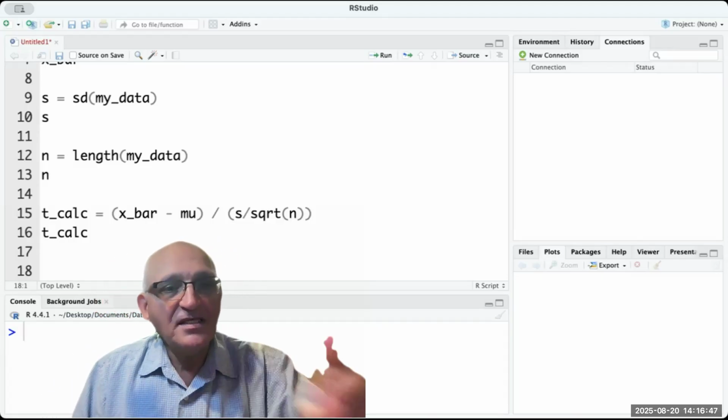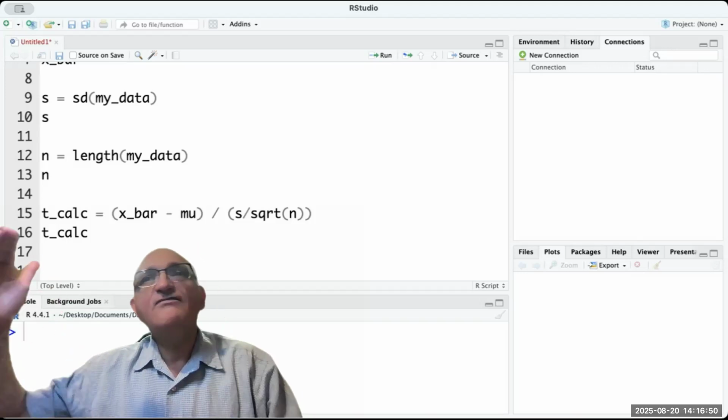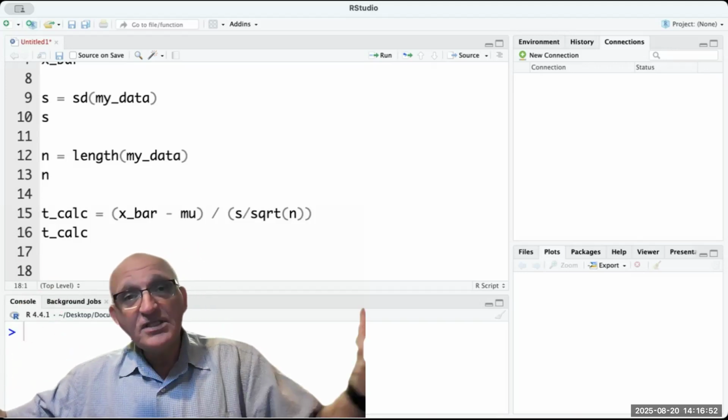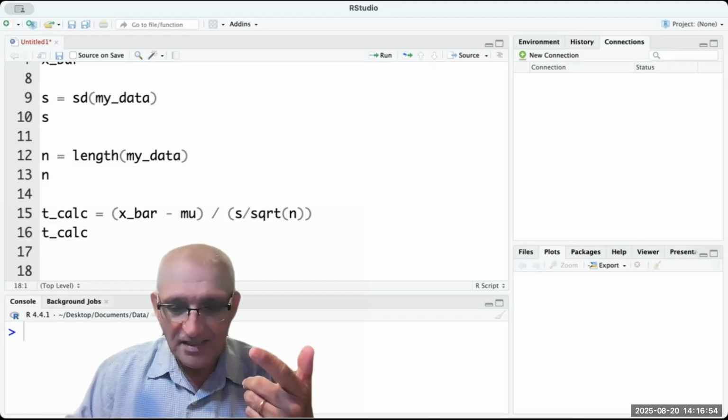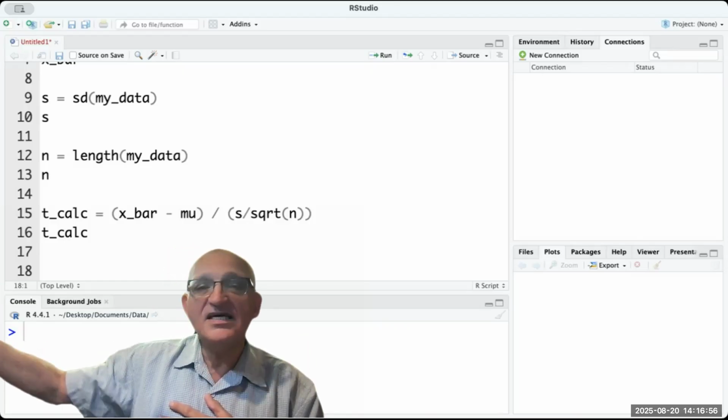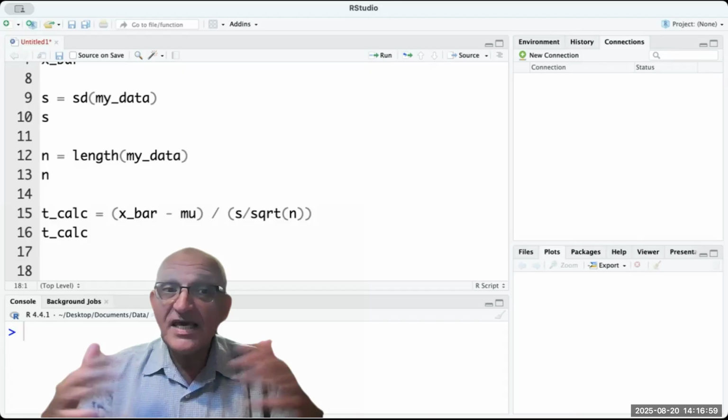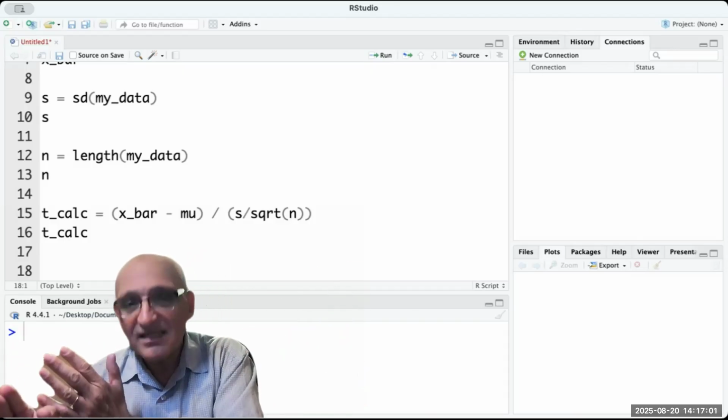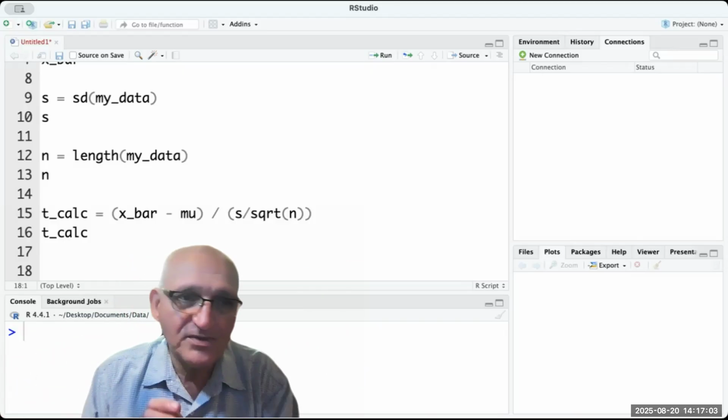So I'm going to say, I want to find the 95th cumulative distribution. Notice in statistics, we say it's t.05, but when I calculate cumulative, it would be 0.95. You have to be careful about these things.